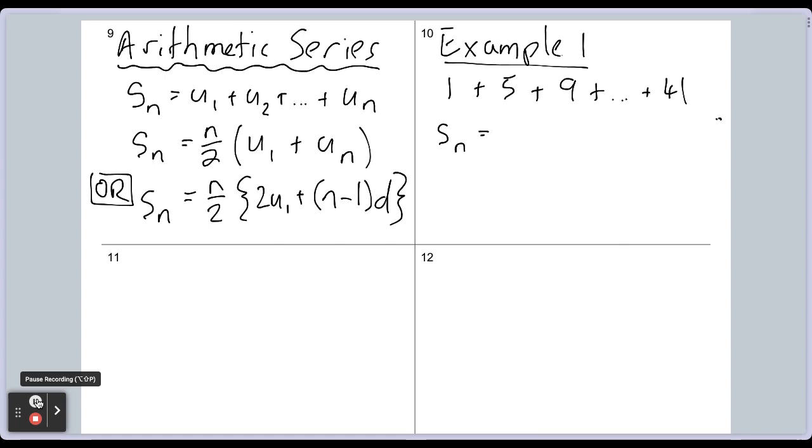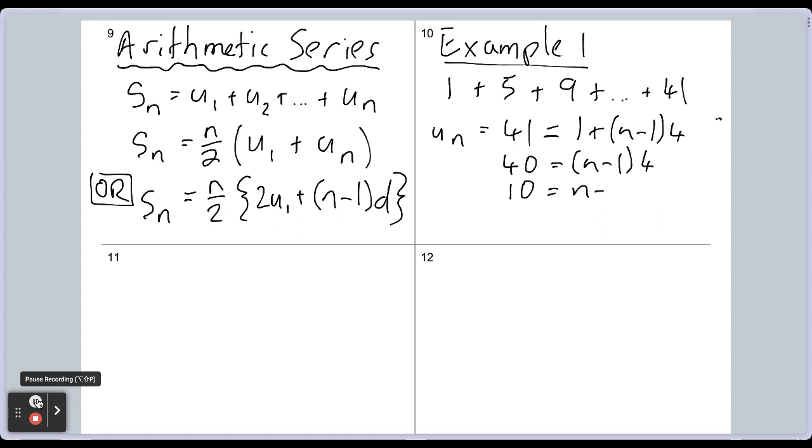So I would go u sub n is equal to 41, which is equal to 1 plus n minus 1 multiplied by d, which is 4. Solve that one. 40 is equal to n minus 1 multiplied by 4. Don't expand it. It's easier to divide by 4. 10 is equal to n minus 1. So n is equal to 11. Is that okay?